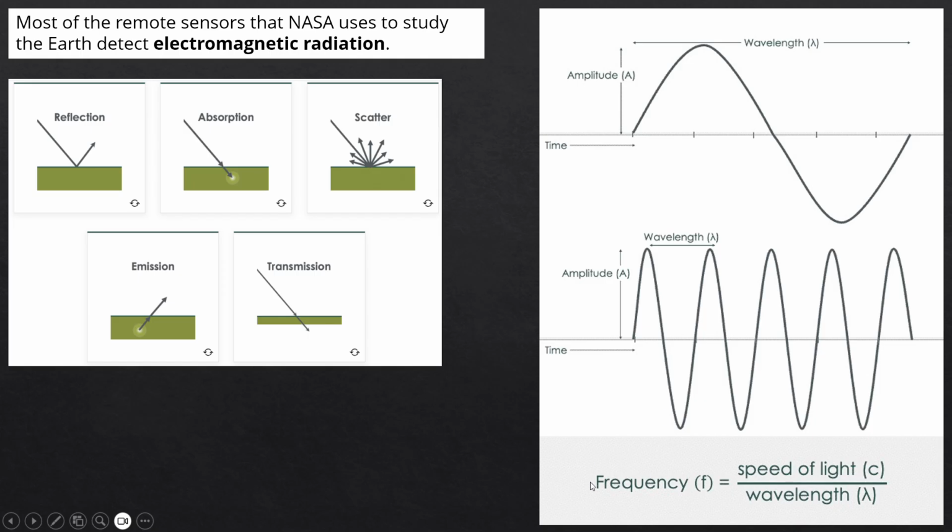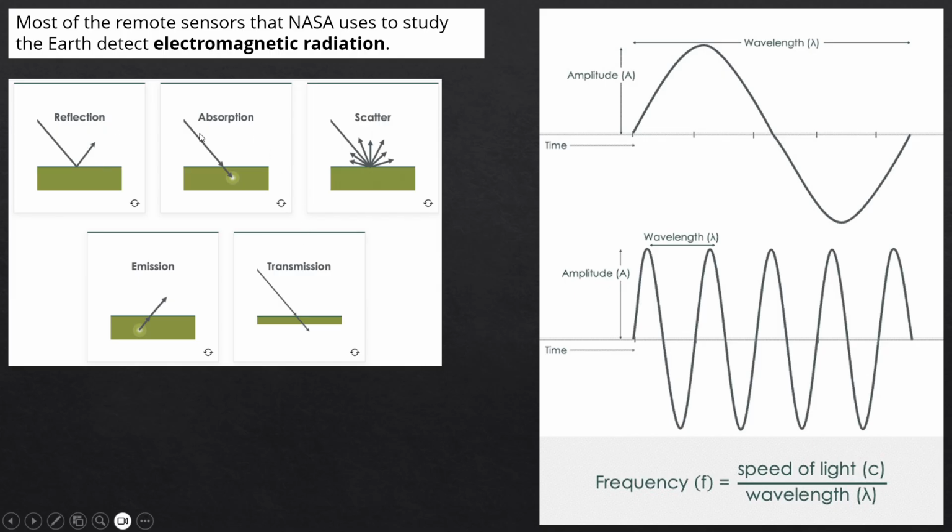So whenever we increase the frequency, the distance between the wavelengths becomes shorter. And when the wavelength increases, the amplitude of this wave increases, so the frequency will decrease.